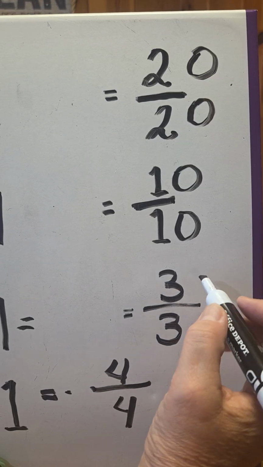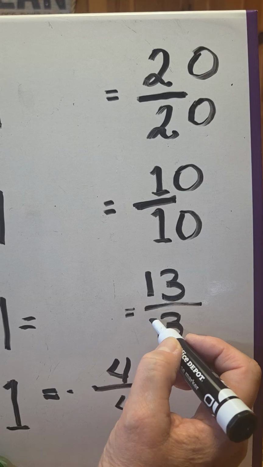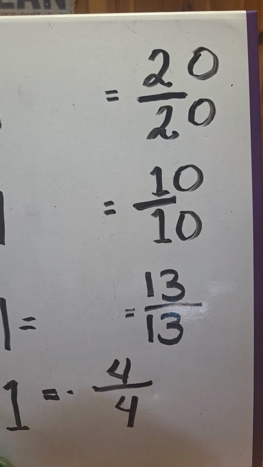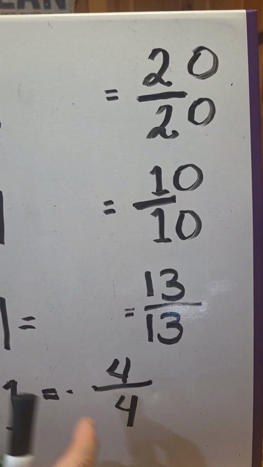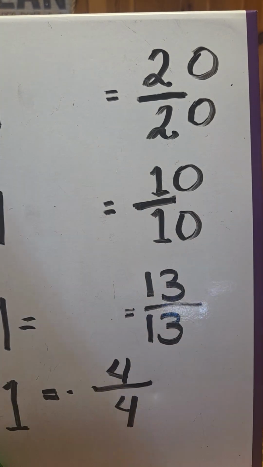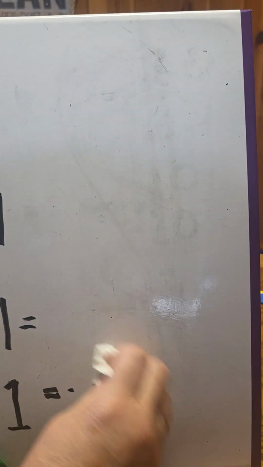If the top is a 13, the bottom has to be a 13. Those are some big numbers for fractions. But it doesn't really matter, right? Because we know that if they leave one of them out, then we know how to fill it in. They're going to ask you to do that on tests. So let's try some of those.